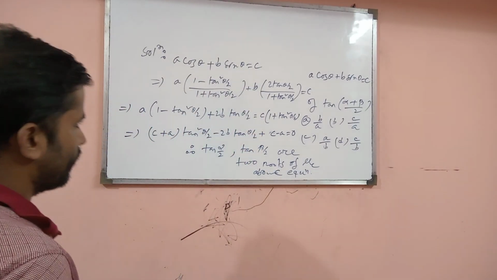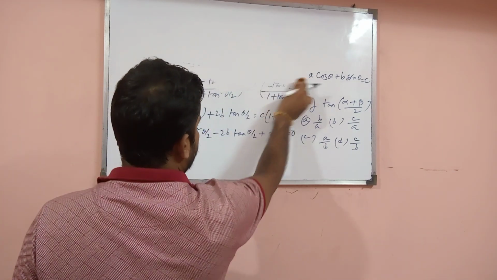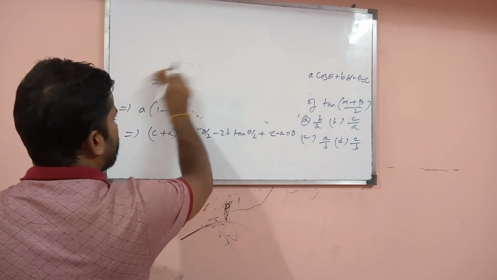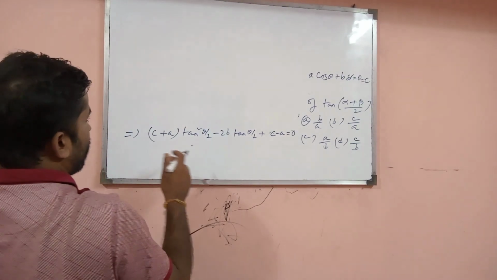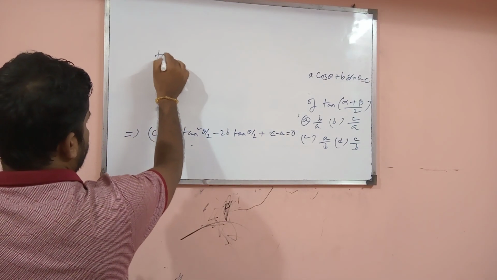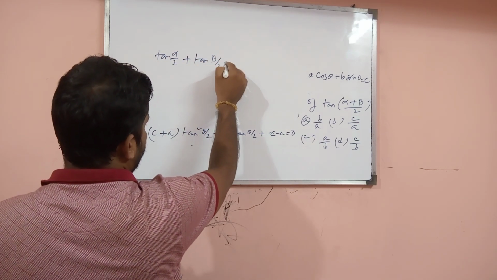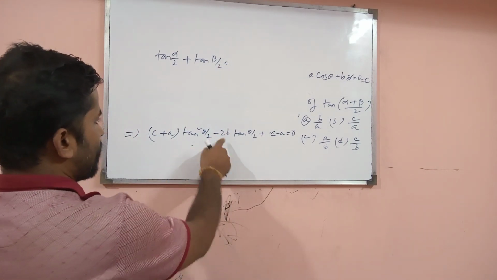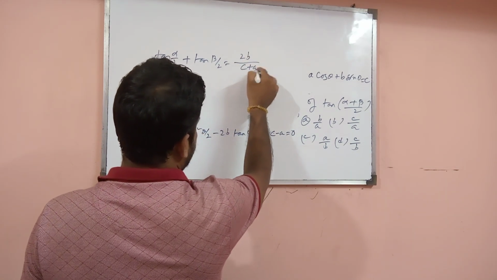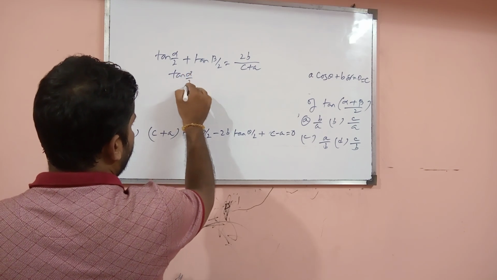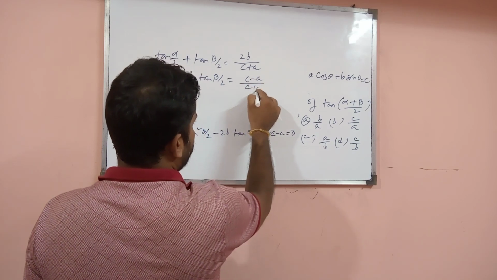Okay, as you know, sum of roots of any quadratic equation, that is tan alpha by 2 plus tan beta by 2, is equal to twice b by (c plus a), and product of roots, that is tan alpha by 2 into tan beta by 2, is equal to (c minus a) by (c plus a).